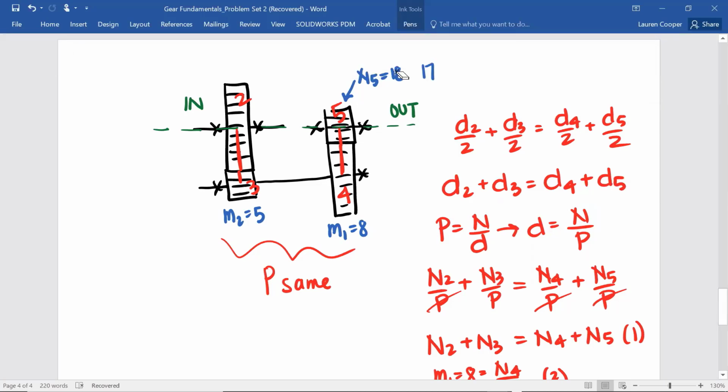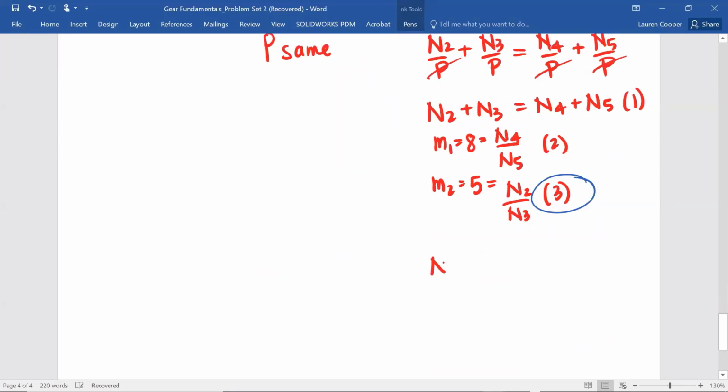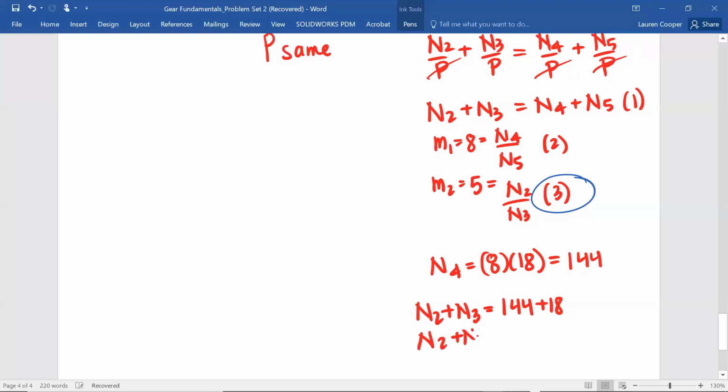So let's say N5, instead of having 17 teeth, let's bump it up to 18 teeth and see how that changes things. So now N4 equals 8 times 18 equals 144. And we'll write N2 plus N3 again equals 144 plus 18. N2 plus N3 equals 162.